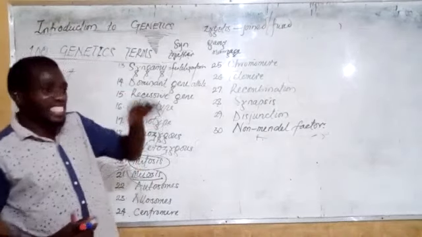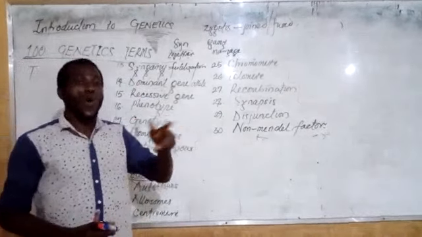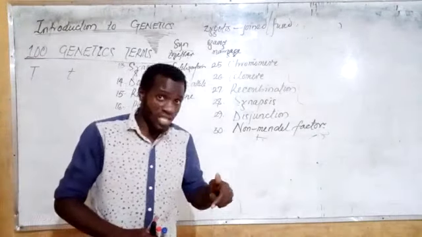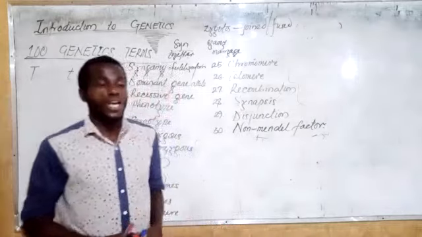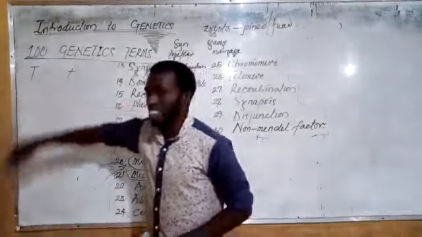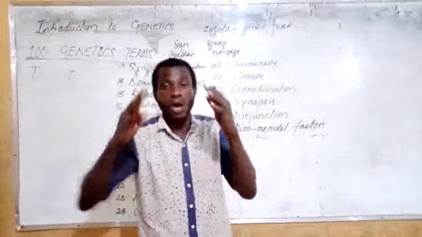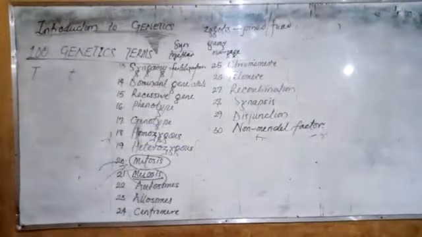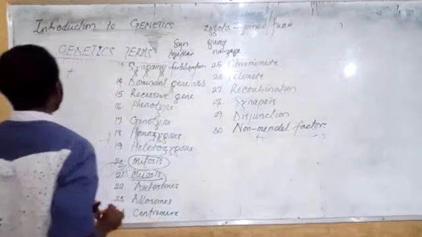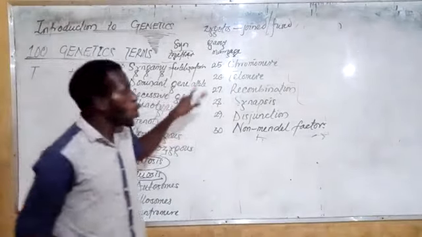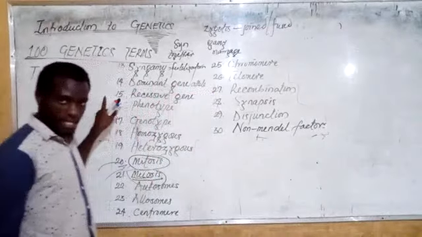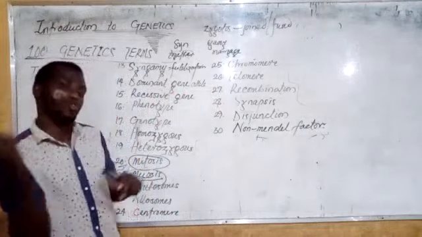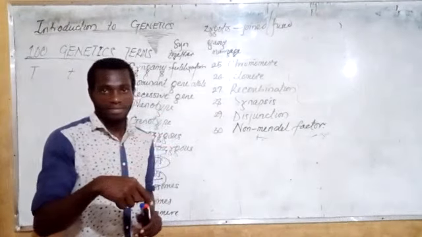Dominant means the gene that expresses itself in the phenotype of the organism in the presence of another gene. So, if tallness is seen in the physical appearance of the human, then it means that tallness is dominant over shortness. But if otherwise, it means that the other trait is dominant over the second allele.